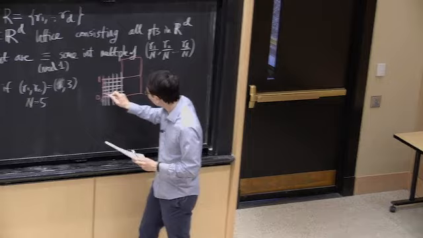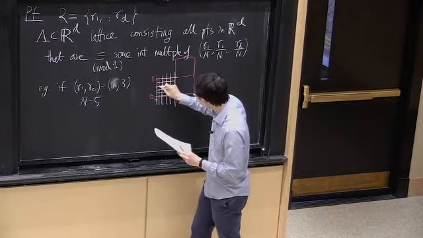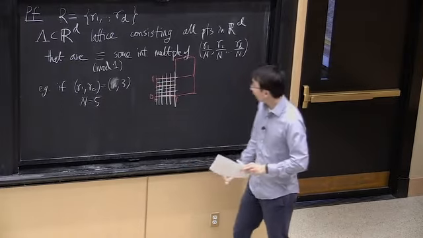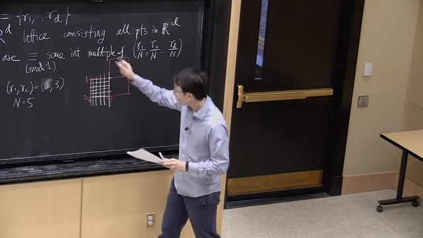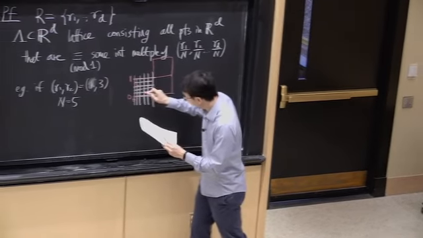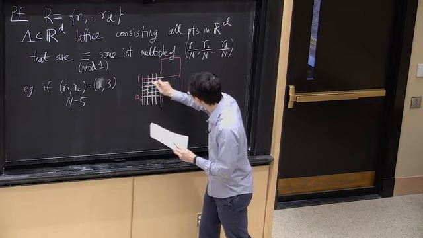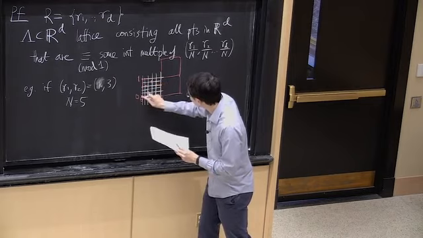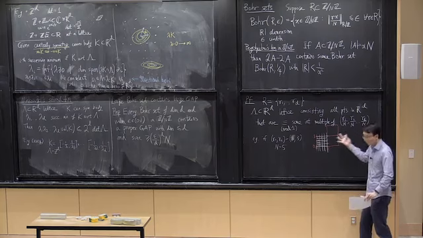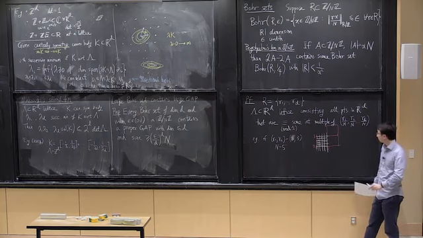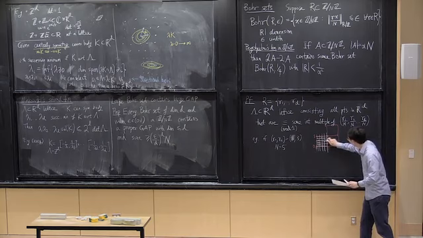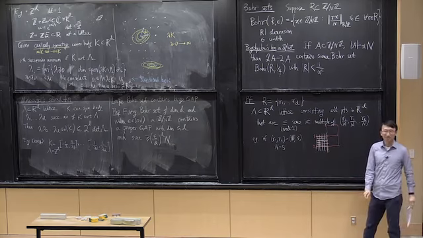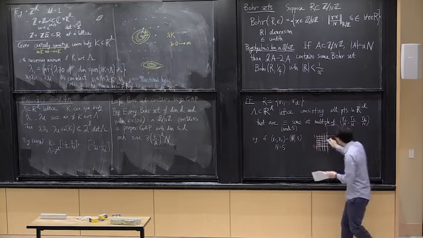So I start with (1, 3), and I look at multiples of it, but I mod 1, so I would end up with these points, and then repeat it.